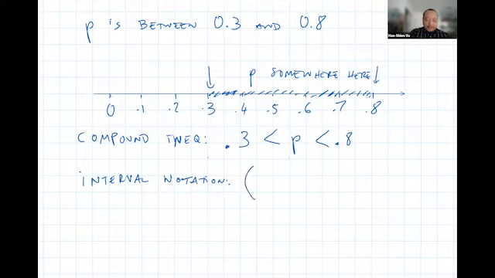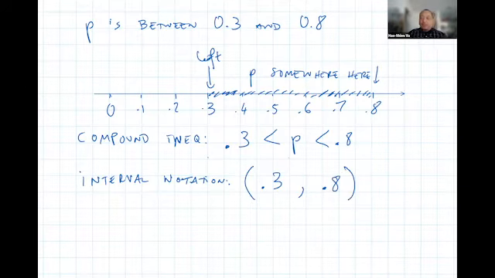We open parentheses. We write in the number that's on the left endpoint of the interval. So the left endpoint of the interval is this number, 0.3. We put in a comma, and then we put in the number at the right endpoint of the interval. So that's 0.8. And then we close parentheses. Parentheses, left endpoint, comma, right endpoint, close parentheses.